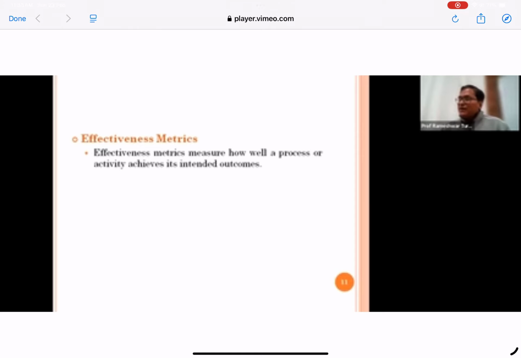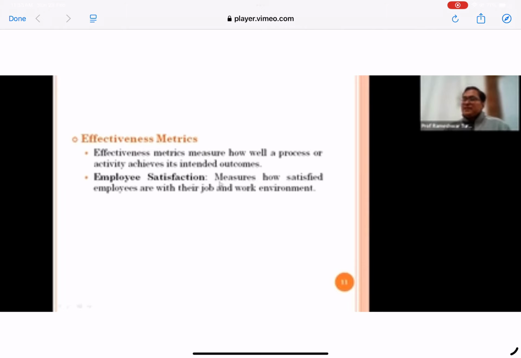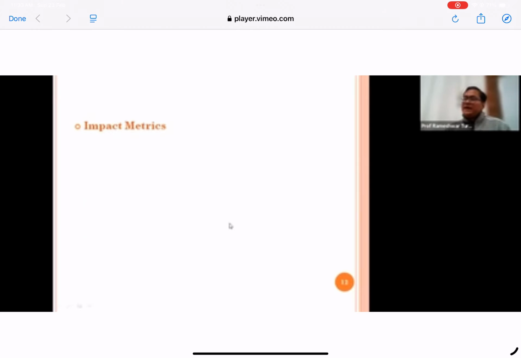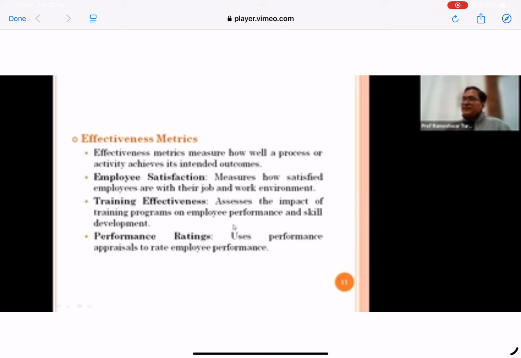Once six months or one year is over, you ask their managers, and if they feel it's a worst lot, then it's a problem. That is captured in effectiveness related metrics. For example, employee satisfaction measures how satisfied employees are with their job or work environment. It talks about quality of work environment and quality of jobs. Training effectiveness talks about the worth of trainings. Then performance ratings and quality of hire, that is another one I have not jotted down here. Quality of hire is an effectiveness related metric.